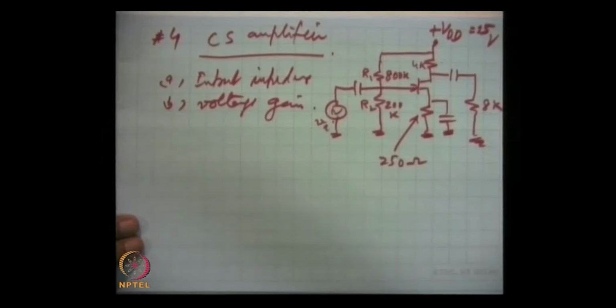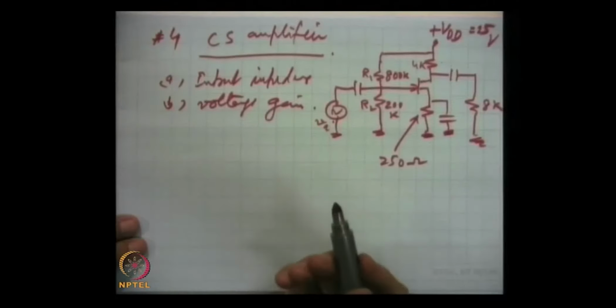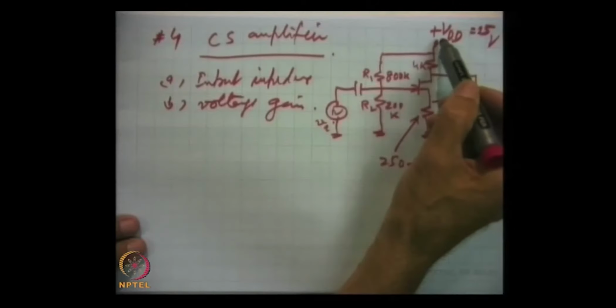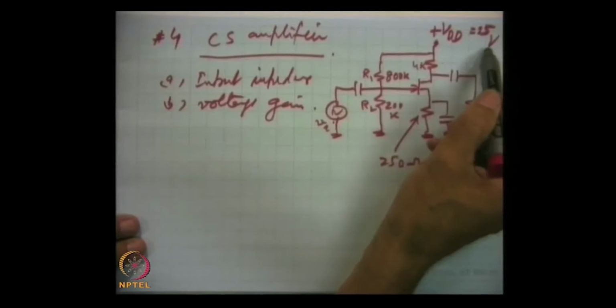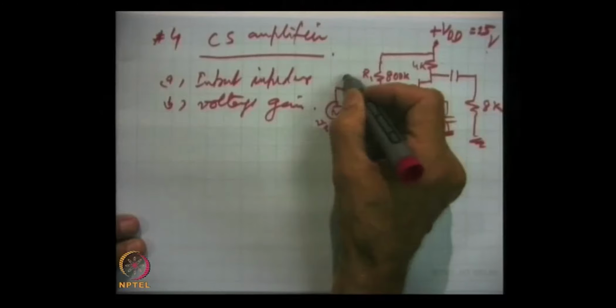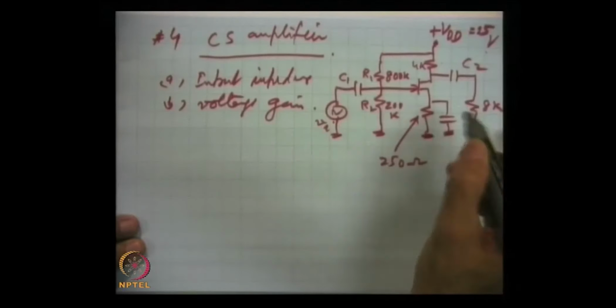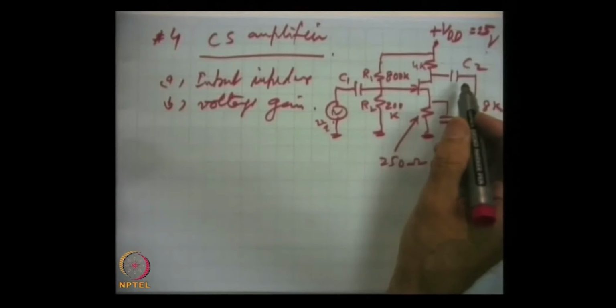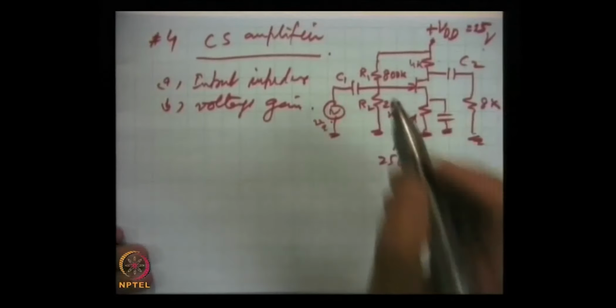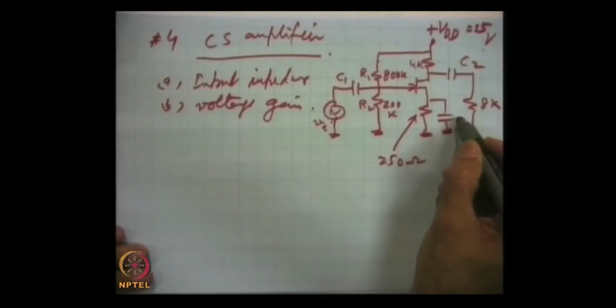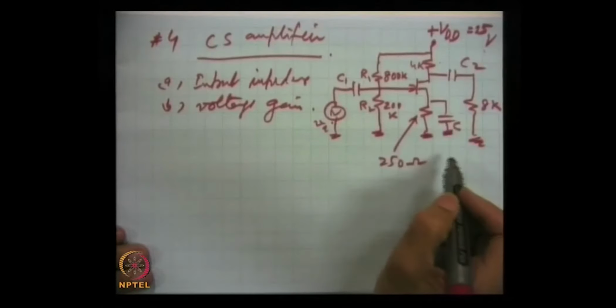First we have to draw the AC equivalent. For that, DC voltage sources have to be grounded, and these coupling capacitors C1 and C2 are of sufficiently large value, and they have to be taken as short at the frequency for which the amplifier is meant, and the bypass capacitor C is also large, and this will be shorted.